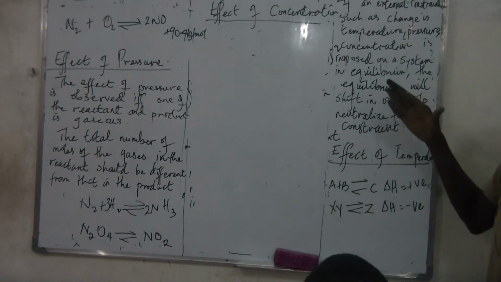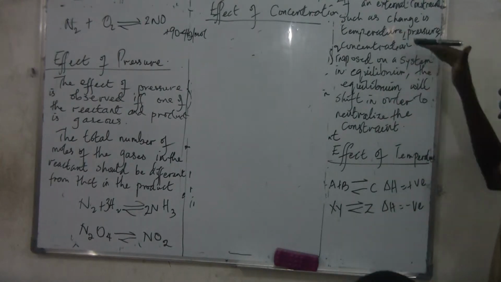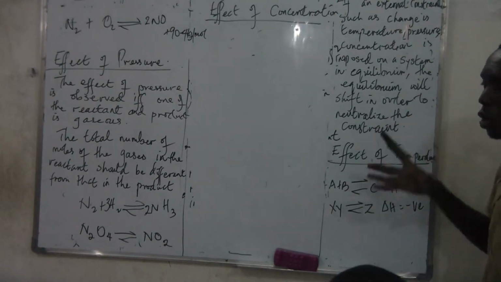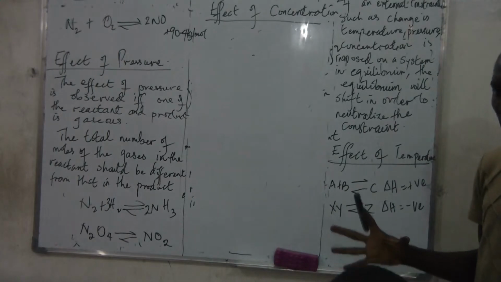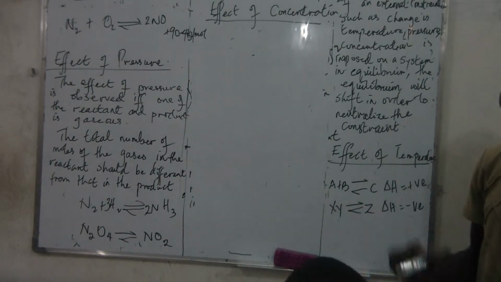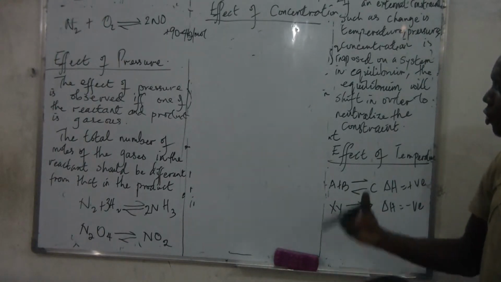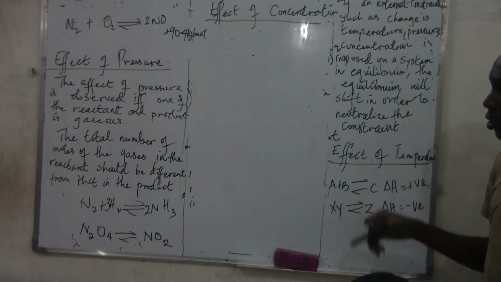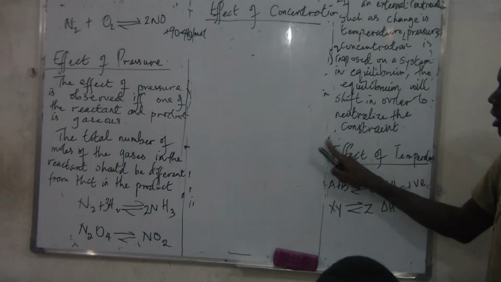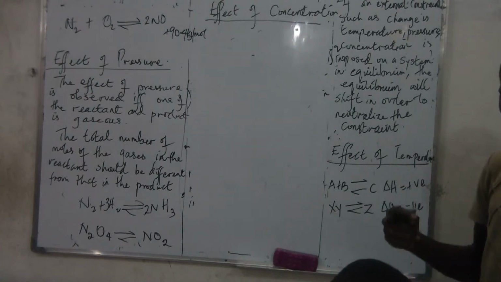So when there is an alteration in any of these parameters, the equilibrium position will shift naturally so as to annul or neutralize the constraint, so that the equilibrium will balance itself back. This principle is what is known as Le Chatelier's principle.